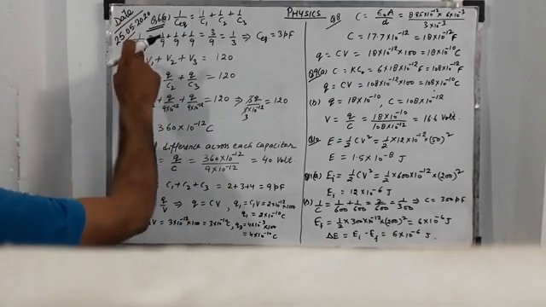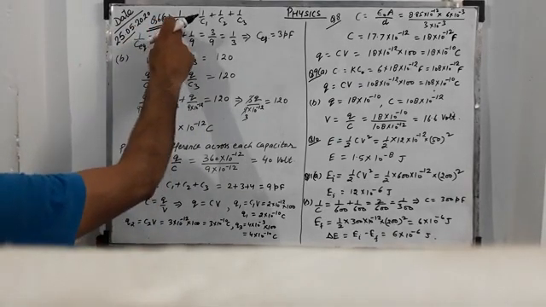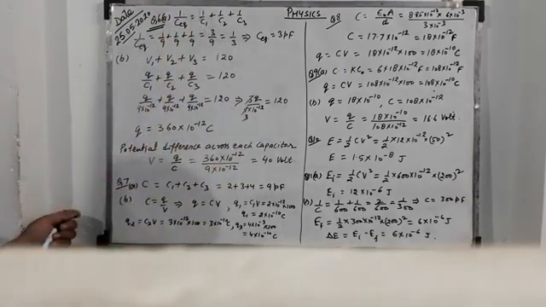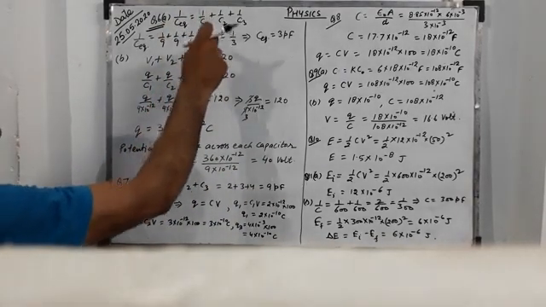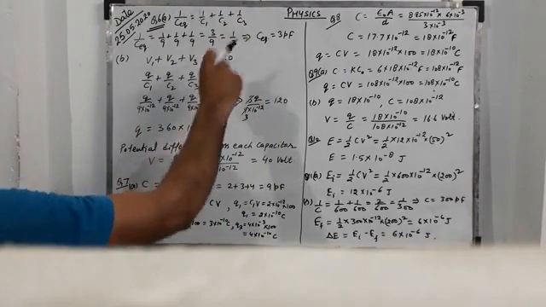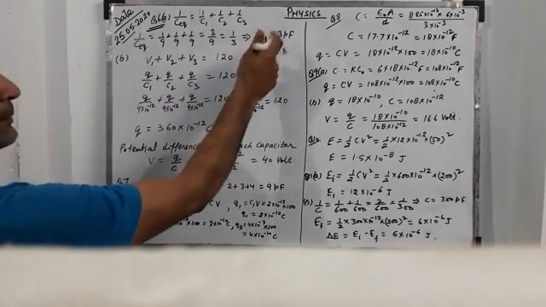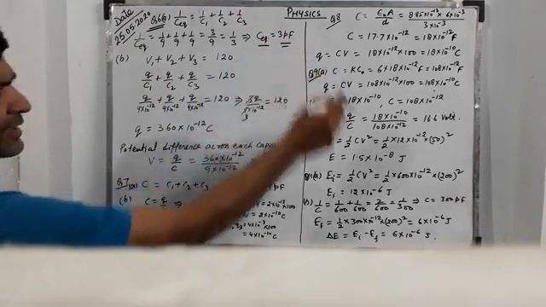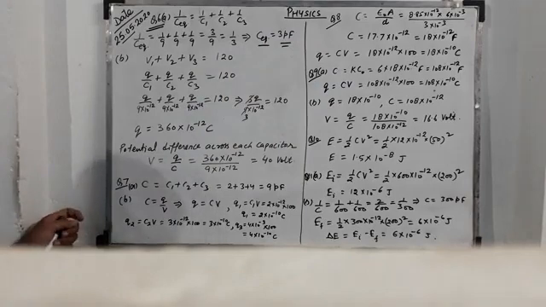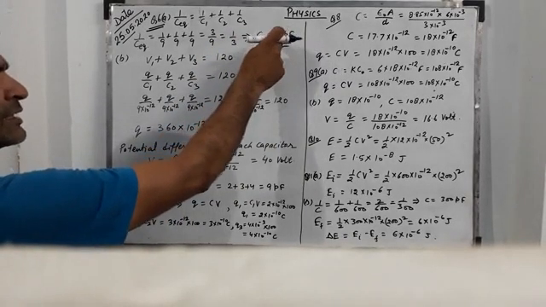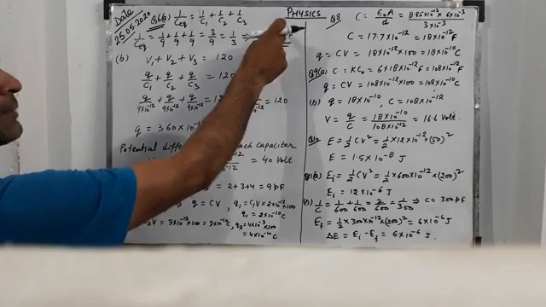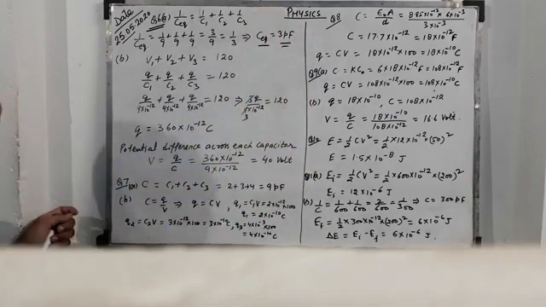So, 1 upon C equivalent is equal to 1 upon 9 plus 1 upon 9 plus 1 upon 9, and we get 3 upon 9, 1 upon 3. So, the equivalent capacitance we get is 3 picofarad. 3 picofarad means 3 into 10 to the power minus 12 farad.